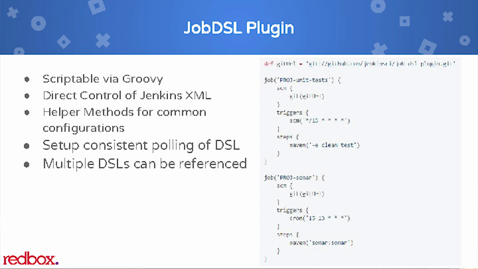You can then have some tool, or it could even be a Jenkins job, to check each repository and reapply how that job should look every day, at night, or something. Making sure that what you have defined your Jenkins job to be is ultimately what is in actual Jenkins. And something that we're going to touch on is using multiple DSLs within this one job DSL, and we'll touch on that.